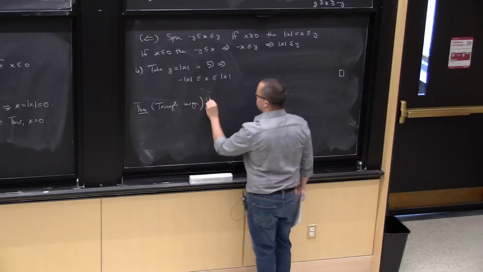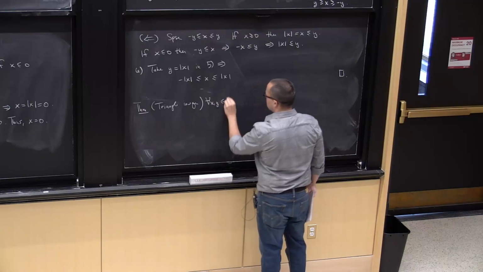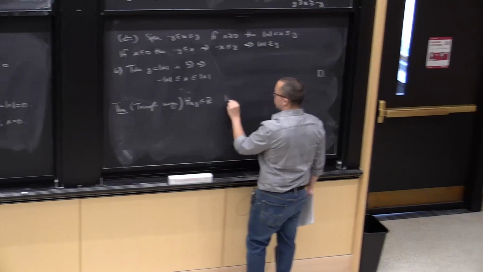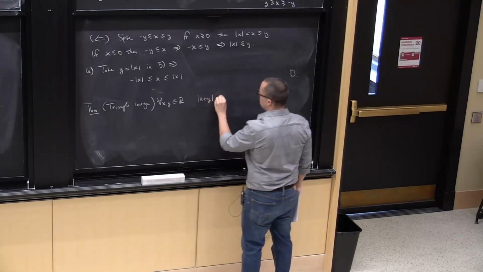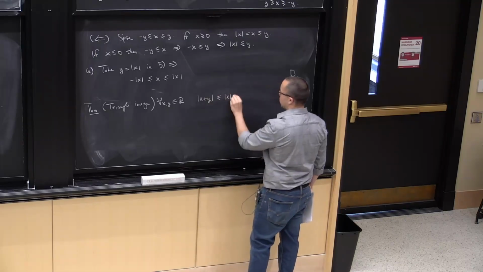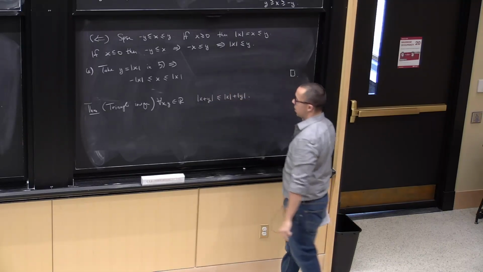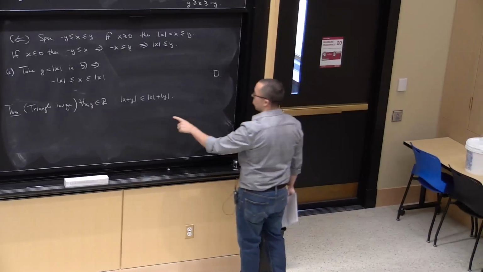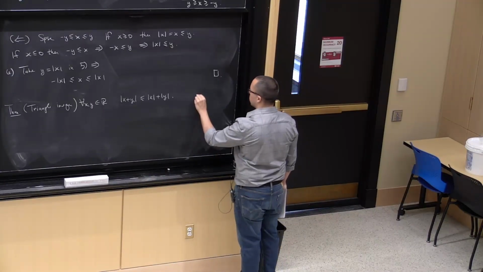And it states that for all x and y in the reals, the absolute value of x plus y is less than or equal to the absolute value of x plus the absolute value of y. Why is it called the triangle inequality? Well, let's try to think.